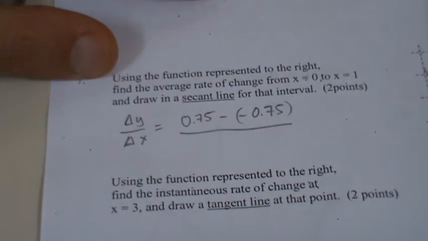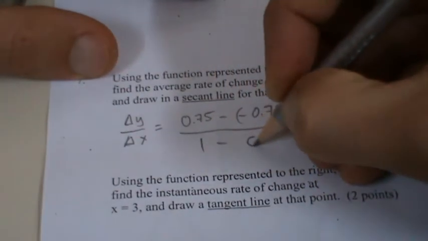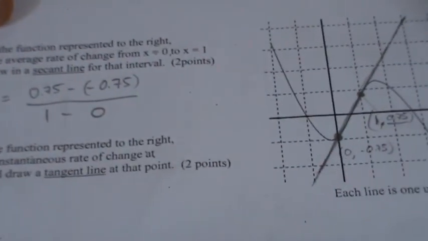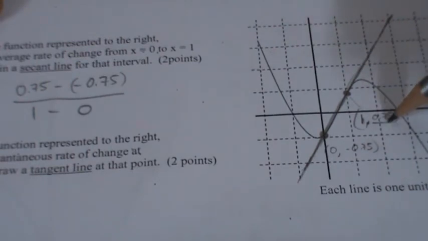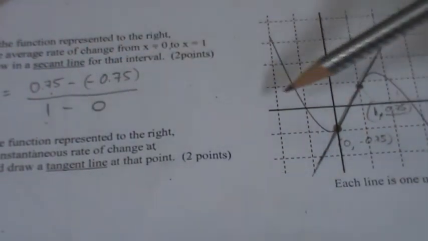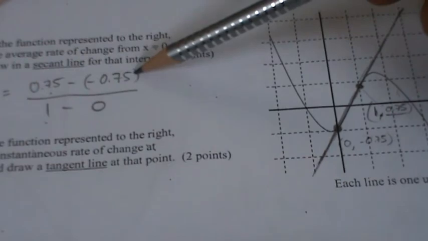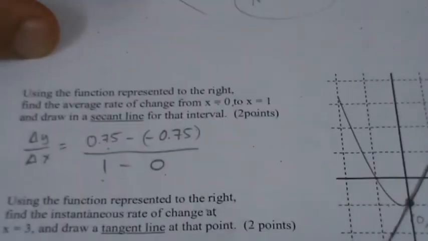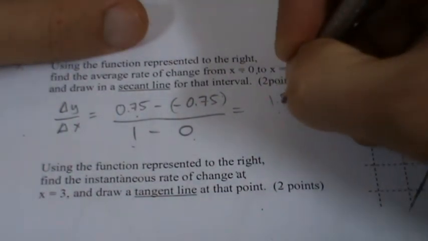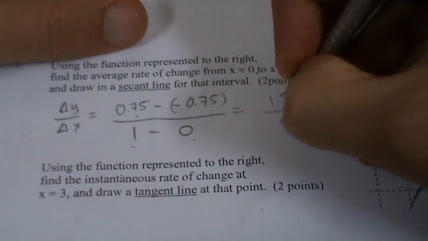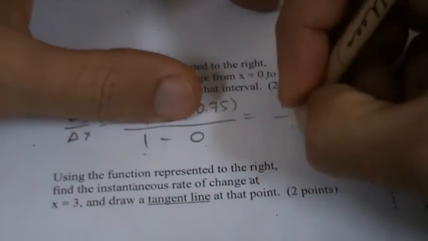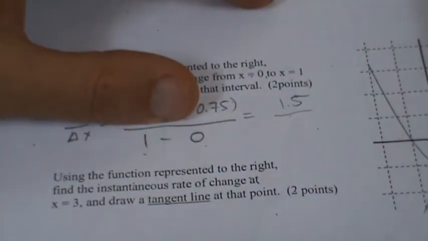And then my change in x is 1 minus 0. You have to get this right. A lot of people mess this up. Remember, if I use this as my first one, I have to use its x value here. If I use this y value as my second one, I have to use its y value here. Okay, and so I get 1.5 over 1. So my average is 1.5 y's per x.